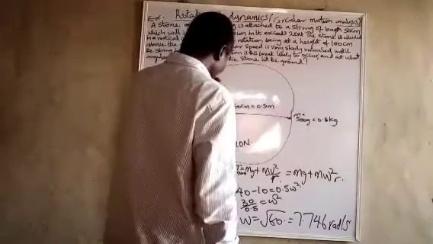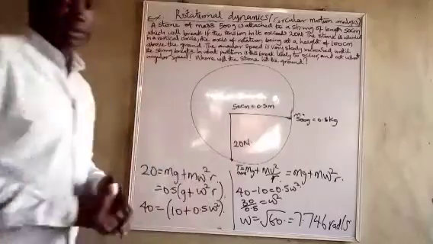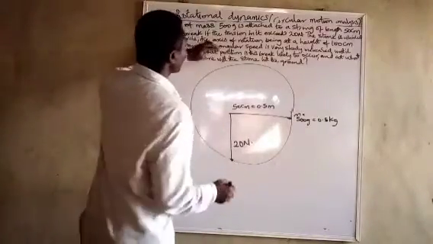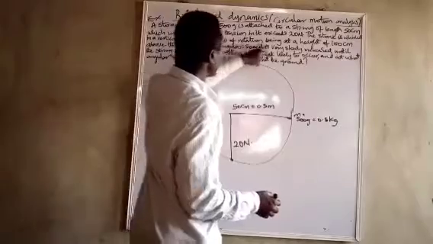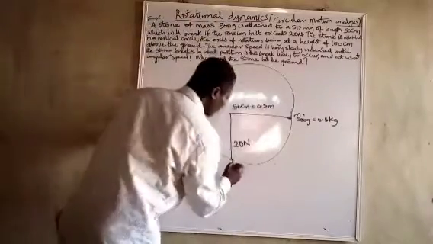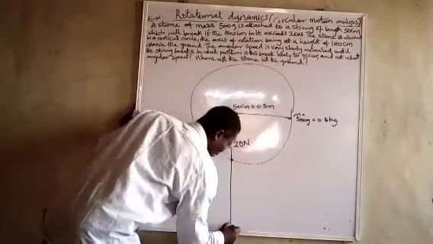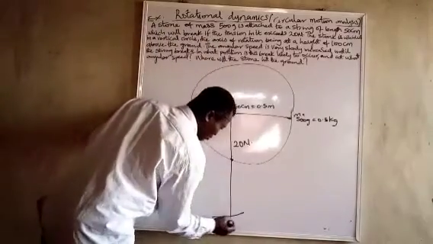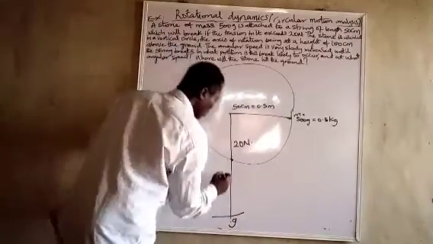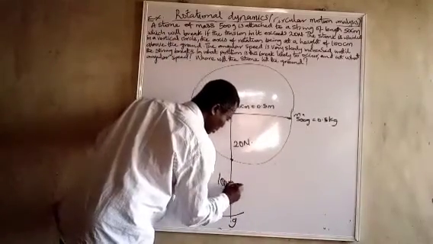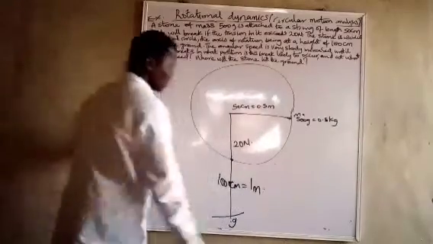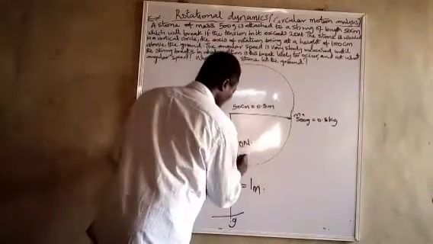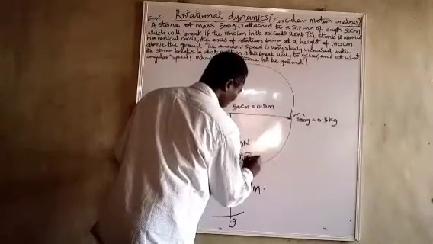And we are asked, at what position will it hit the ground? Now, if you notice, you are told that the axis of rotation is 100 centimeters above the ground. That is, if this is the ground level, from this place to this place is 100 centimeters, which is 1 meter. We know what our omega is at this point, root 60.